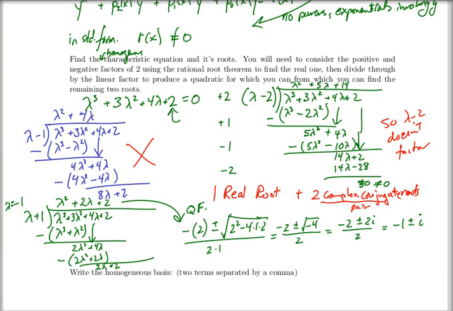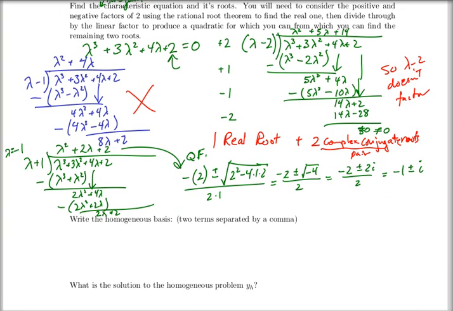And now it's time to write the homogeneous basis. This is one of the ones that worked, so that's going to become e to the minus 1x. Go ahead and put a comma there. This one's going to become e to the minus 1x cosine 1x.